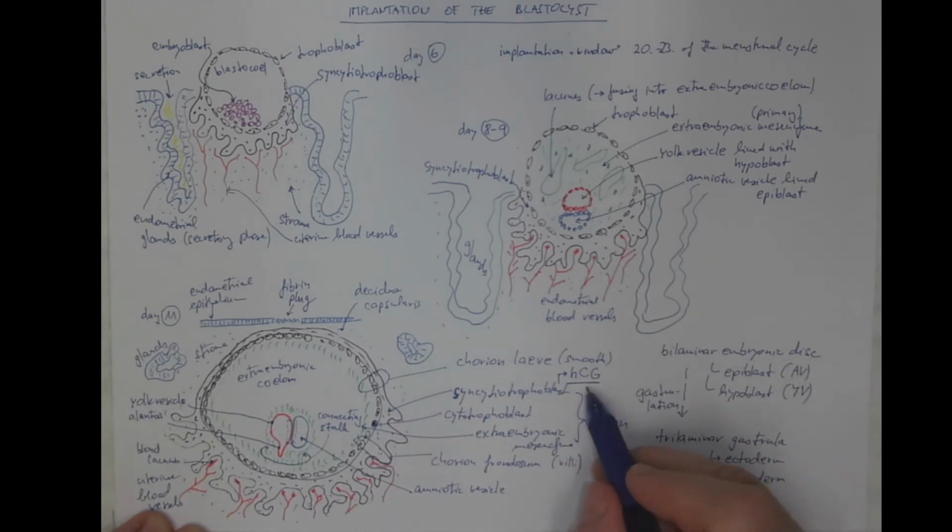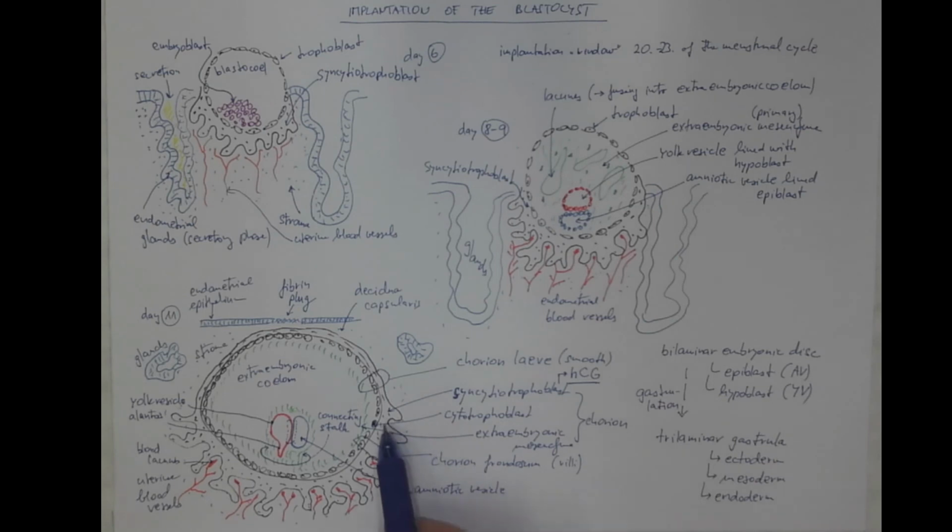So this could be detected in the urine or in the plasma, and its increased levels or its presence detects the presence of the Syncytiotrophoblast in the female body.